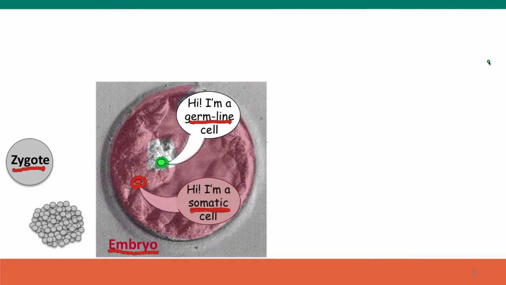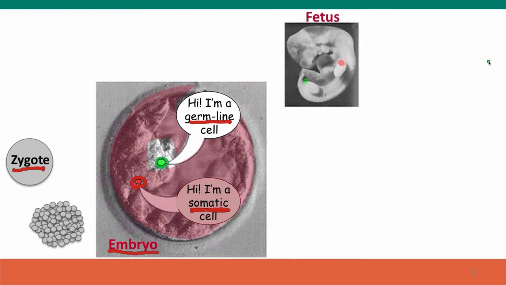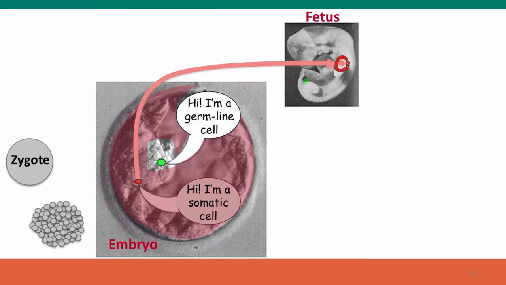Now, as the embryo develops, most of the fetus then comes from somatic cells, and in particular, this patch of cells on the developing forearm limb bud came from this patch of cells in the embryo. Only this very small patch of cells in the developing testes or ovaries came from the germline cells in the embryo.